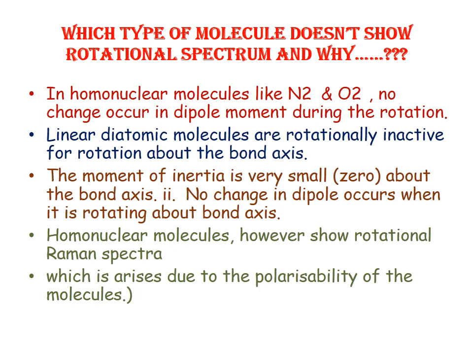Therefore, there is no change in the dipole moment, and thereby no spectrum. But in the next unit, when we study Raman spectra, we will see how these homonuclear molecules can also be active and give us a spectrum. That we will study in the next classes.